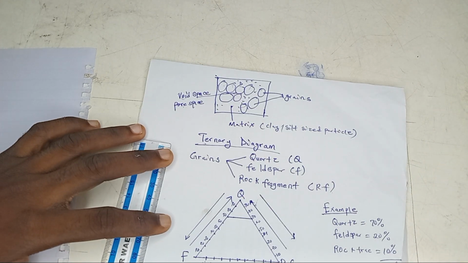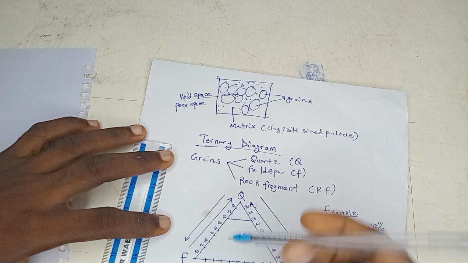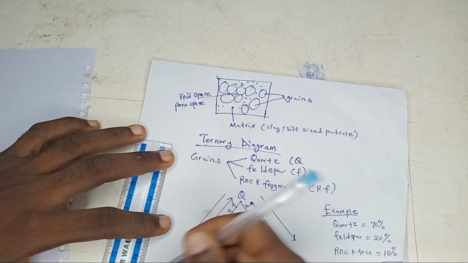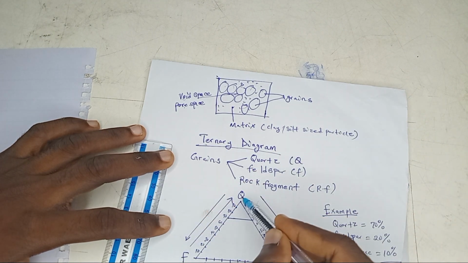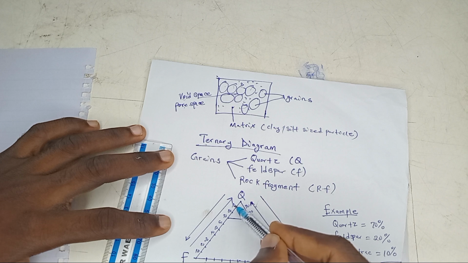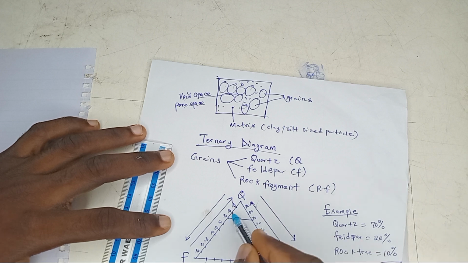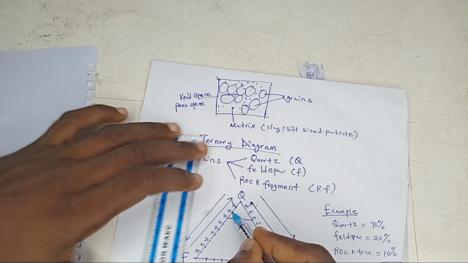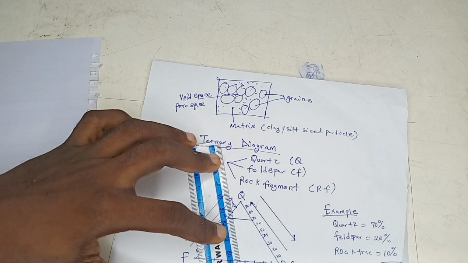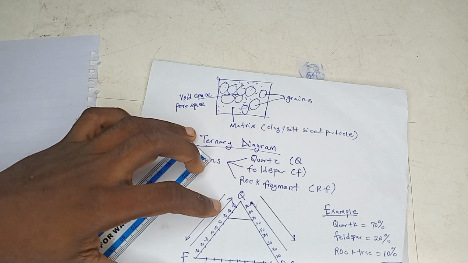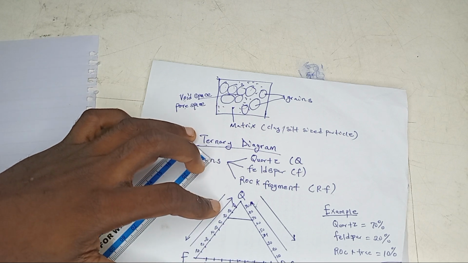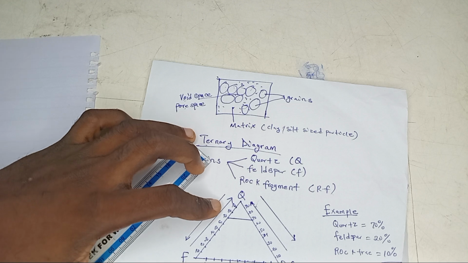Now feldspar. This side we have feldspar here. But feldspar is increasing this way, which means this is 90 for quartz, but this is 10 for feldspar. But the feldspar that we need is 20. Can you see that? Now what other line involves feldspar? This line. This way is increasing rock fragment, but this other way is increasing feldspar.